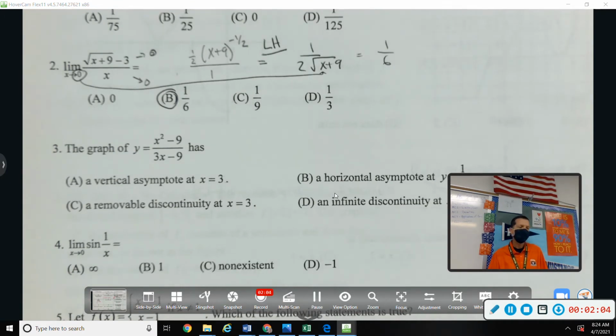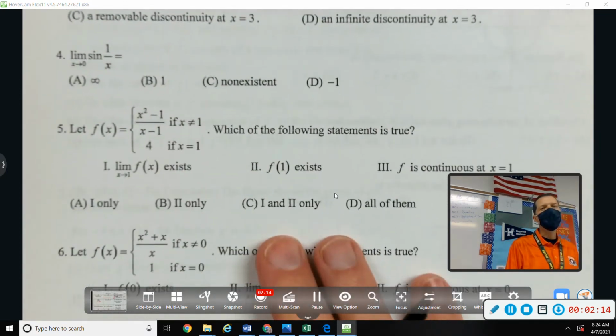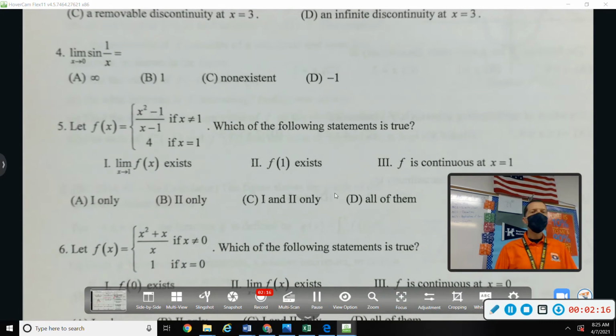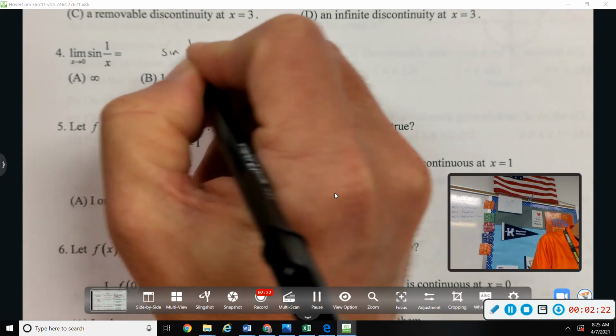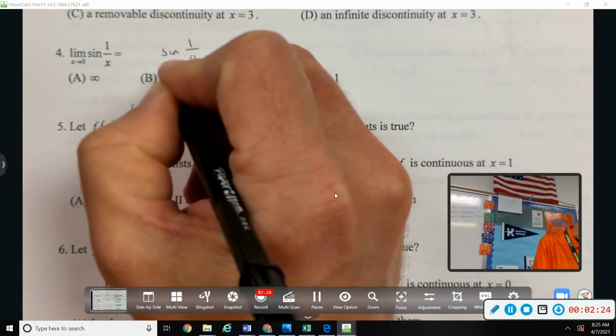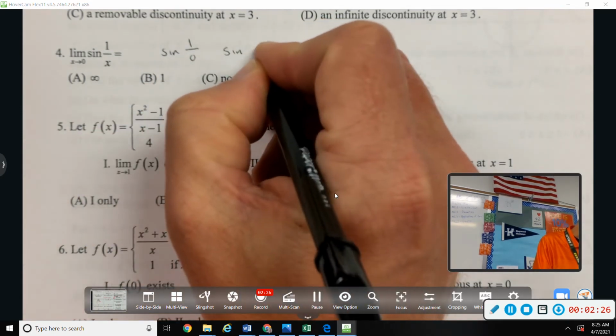Mr. Wolf, can you take a look at my work and see if I did it right? Because I didn't move it over like that. 4 and 7? Okay, number 4. Limit as x goes to 0. So the sine of 1 over 0, the sine of a really big number.